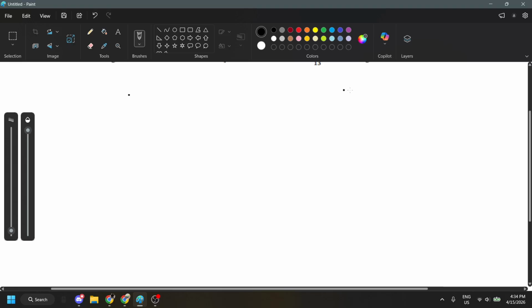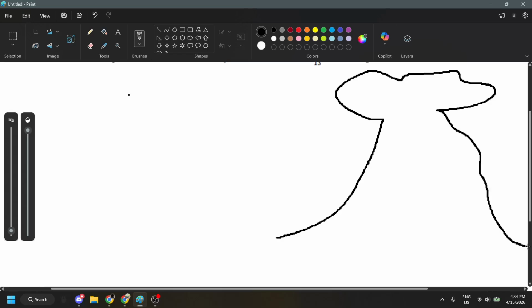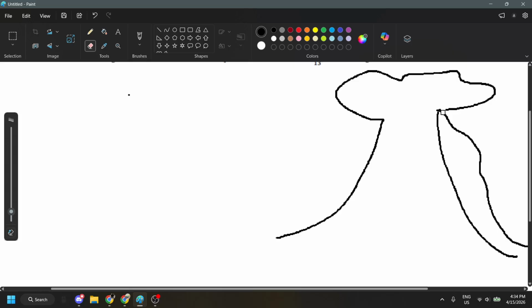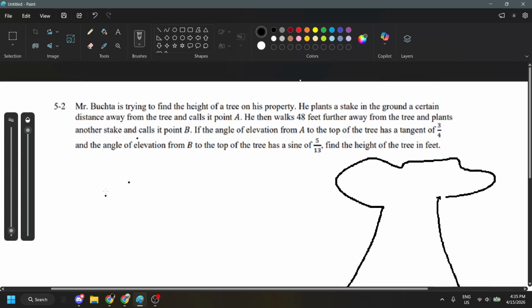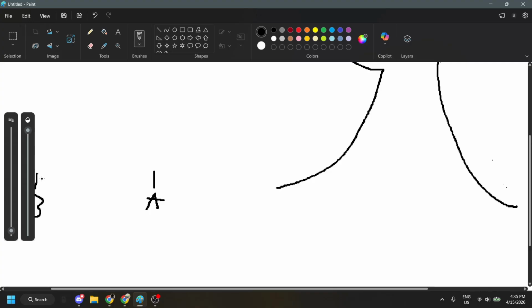Okay, so what we have is a tree here, with a stake A, however far away. Let's call this A, and further away we have B. He walks 48 feet further away, so from here to here is 48 feet.